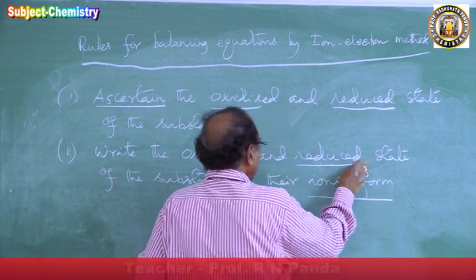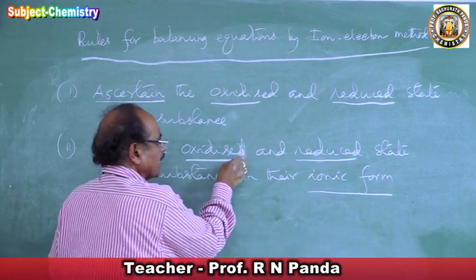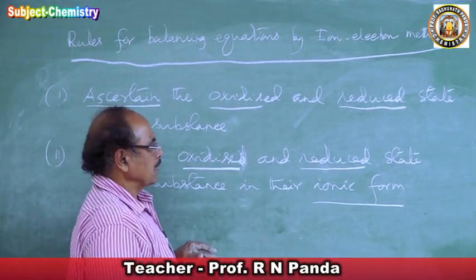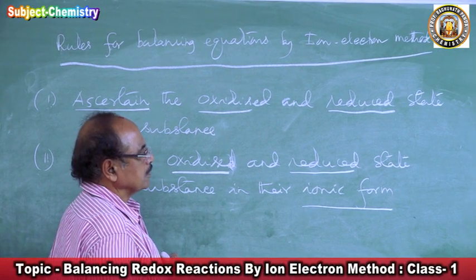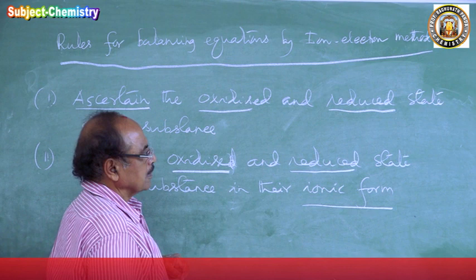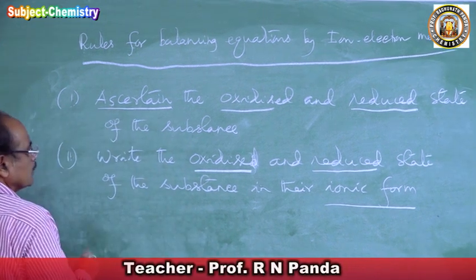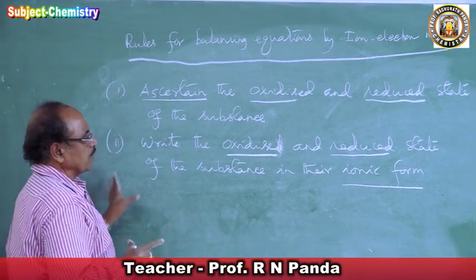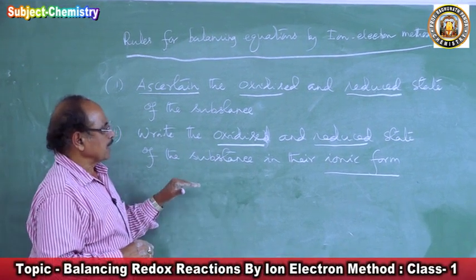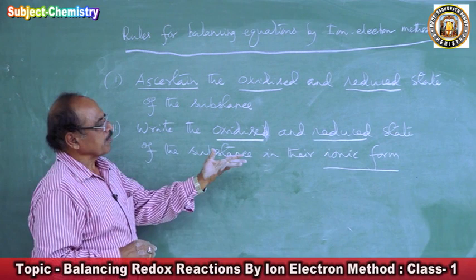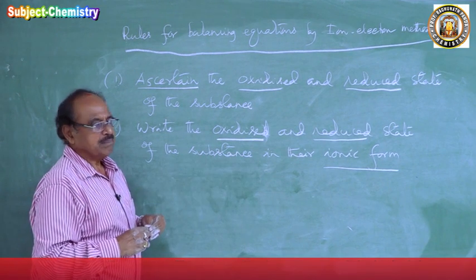Oxidized state and reduced state, as you have done. Ferric, ferrous, ionic form. So ferric is forming ferrous, stannous is forming stannic. We represented them.